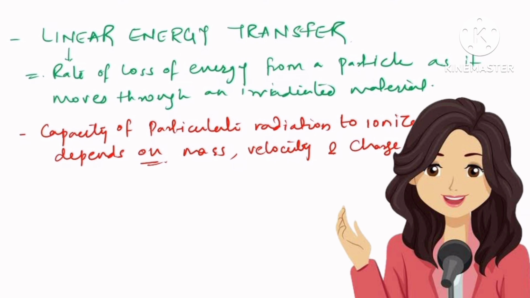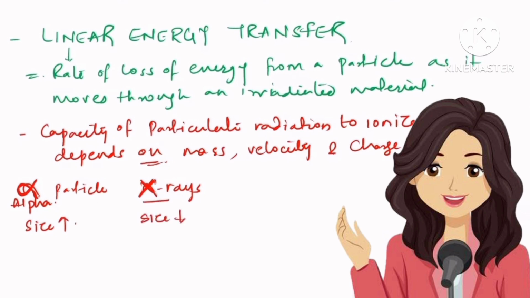Now I'll compare this with, say, a fat person and a thin person. We take the example here of alpha particles and X-rays. The alpha particle has a greater physical size; the size of alpha particles is greater compared to X-rays, whose size is lesser.